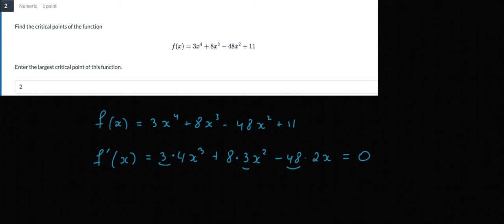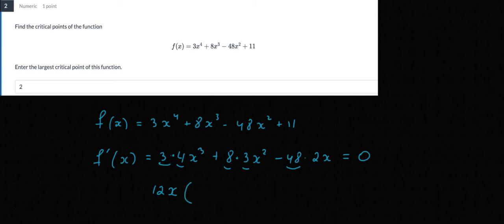We can also factor out a factor of 4. There is a factor of 4 in the first term, in the second term, and in 48 as well. And we can also factor out x, because there is a factor of x in each term of the left-hand side. Altogether, we can factor out 12x.